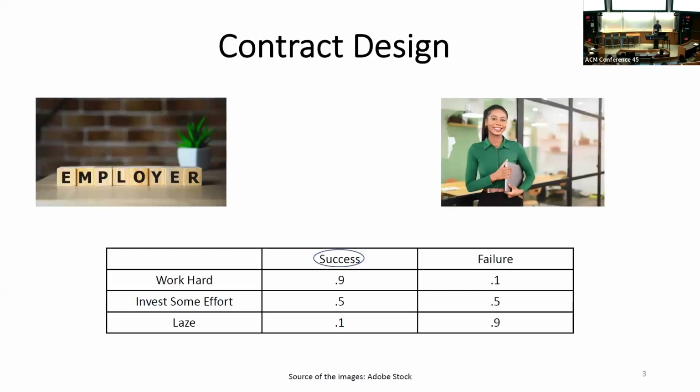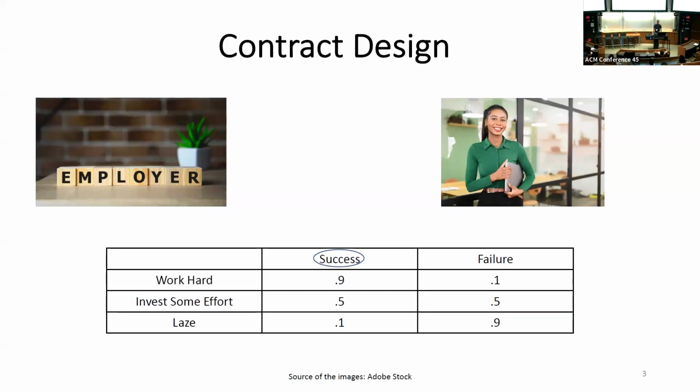So what's contract design in general? There is a principal, say an employer, and an agent, say an employee. And the employer tries to incentivize the employee to act in a certain way. The employee can, for example, select the effort level to invest in a certain project, which could be to work hard, to invest some moderate effort, or to laze.